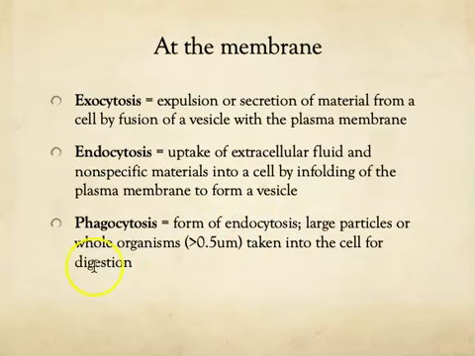Large particles or even entire organisms can be taken into a cell in order to be broken down or digested during phagocytosis. Now the key term here is large. We're talking about particles that are greater than about 0.5 micrometers, give or take a few nanometers. These are large pieces of material coming into the cell, or even entire organisms.